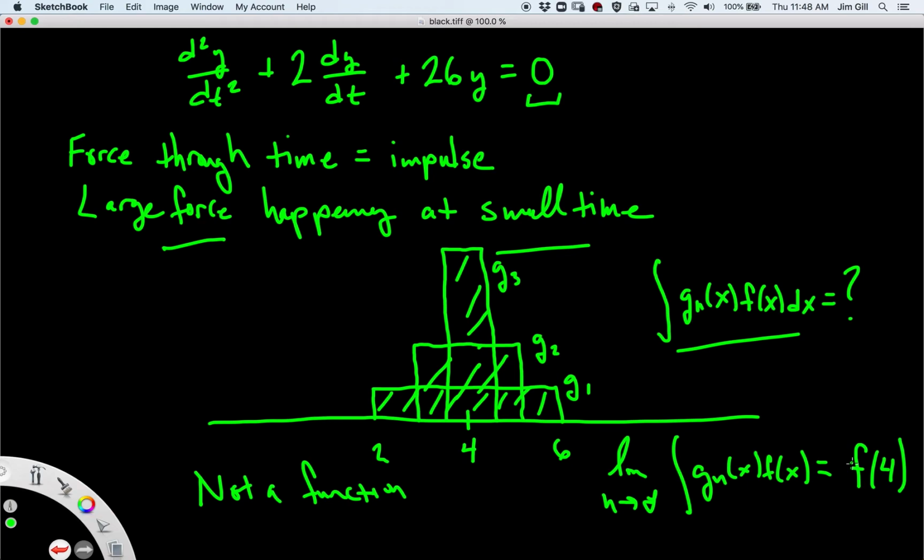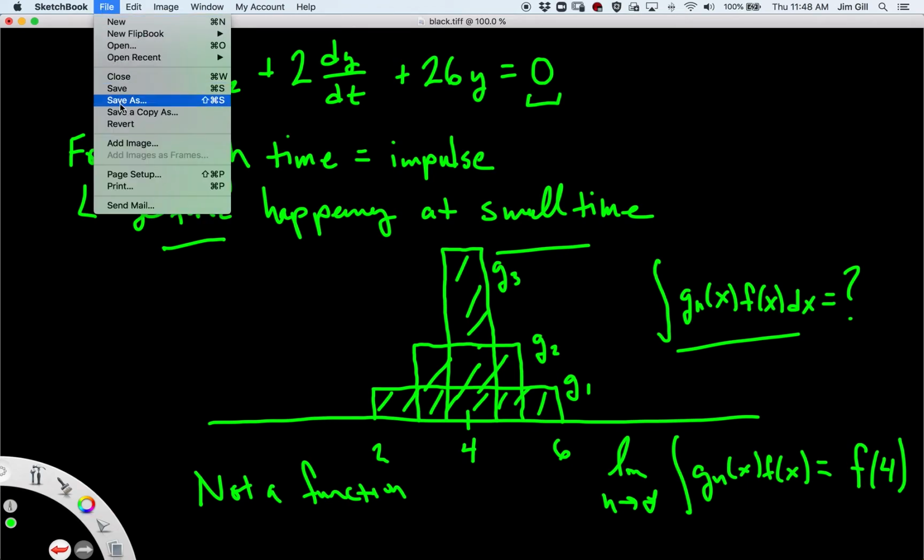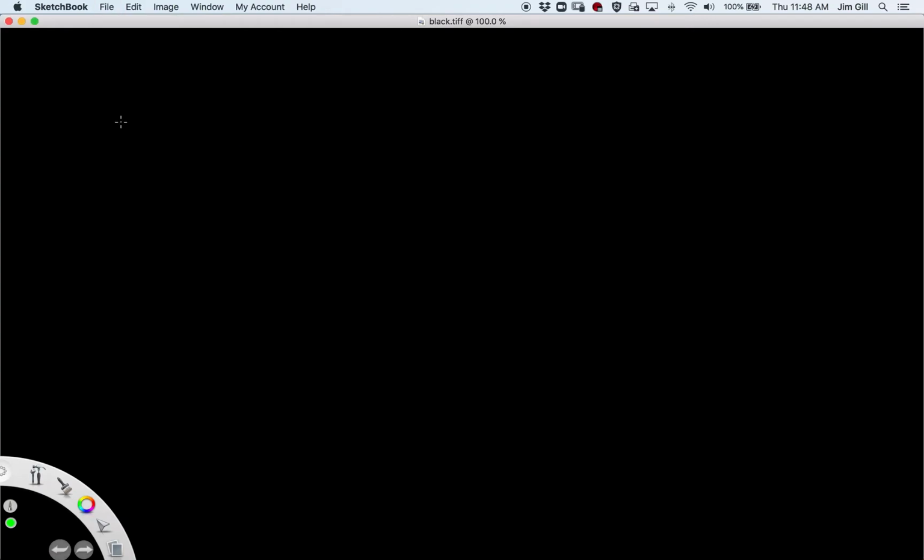So we are going to give this limit a name. We call this function delta 4 of t. This is going to be an impulse at time 4.